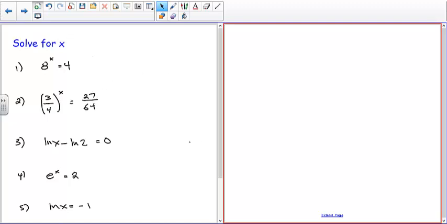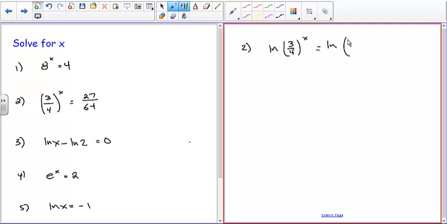But anyway, looking at number 2. So let's do the easy way first. If you take the natural log of both sides, 3/4 to the x is equal to 27 over 64, so you get x times the natural log of 3/4 is equal to the natural log of 27 over 64, or x is equal to the natural log of 27/64 divided by the natural log of 3/4.